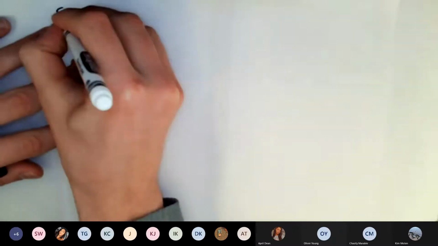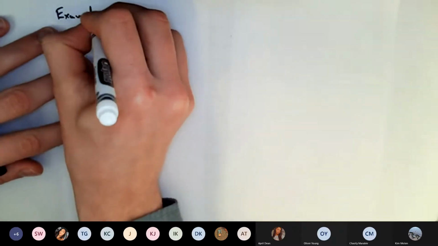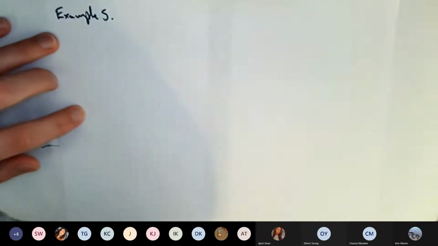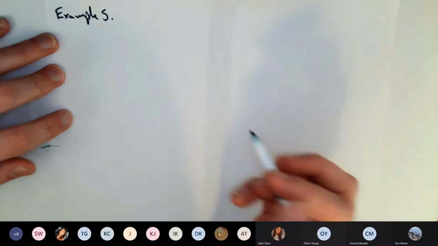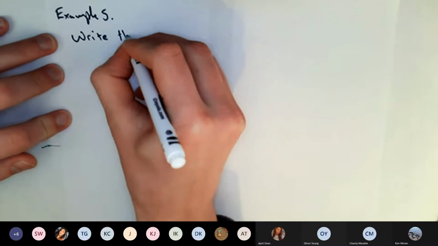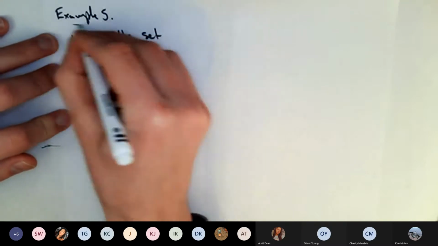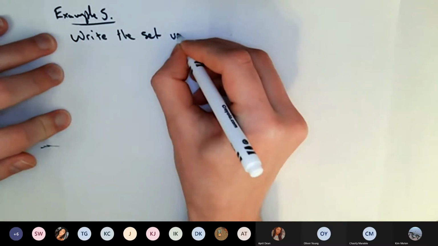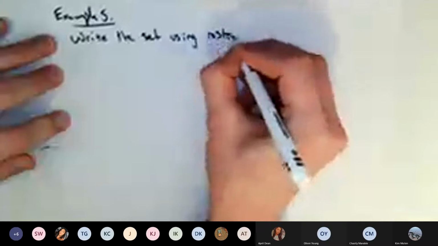So let's do example 5. And let's list a set in roster notation. So let me get back to the problem I wanted to do. Write the set using roster notation.